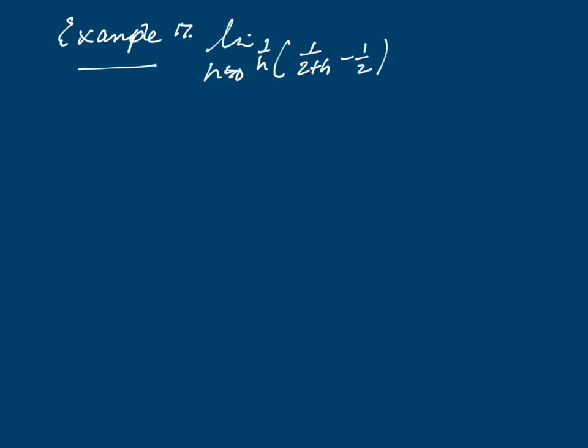Looking at number 17 closely, if you just stuck 0 in, you'd end up with a 1 over 0 here. So you've got an issue. You've got to simplify this first too. So the limit as h goes to 0, and let's multiply this out, would be 1 over h times 2 plus h minus 1 over 2h.